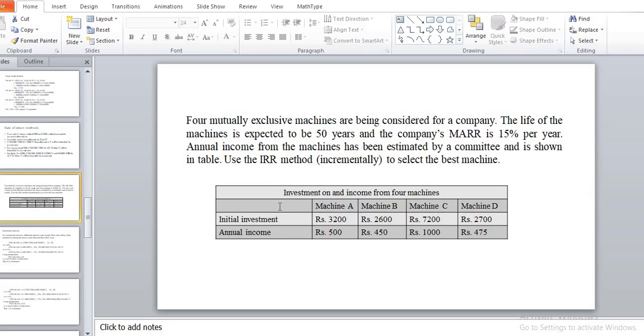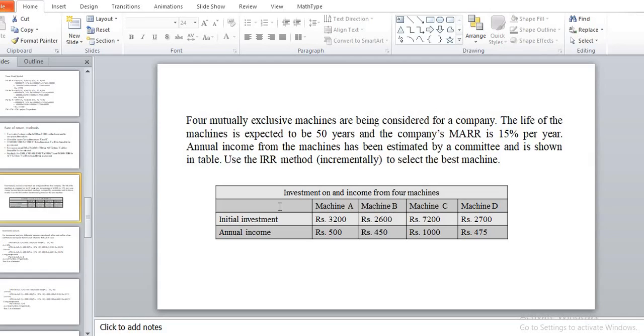Here four machines are given. These four machines are nothing but four projects for the comparison purpose. Every time it is not a very large plant or company that is compared; many times a small machine is considered as a project.